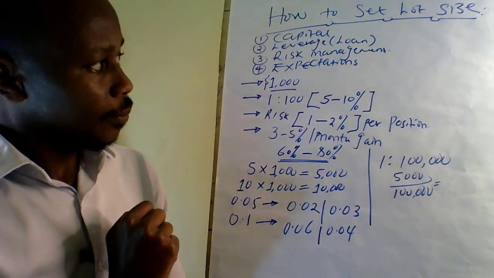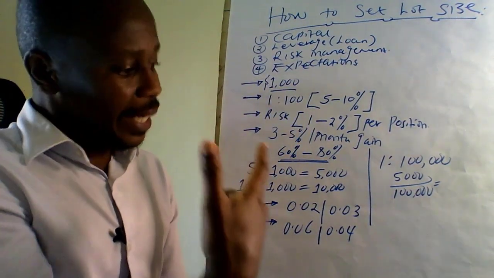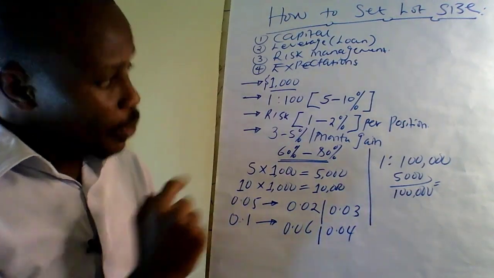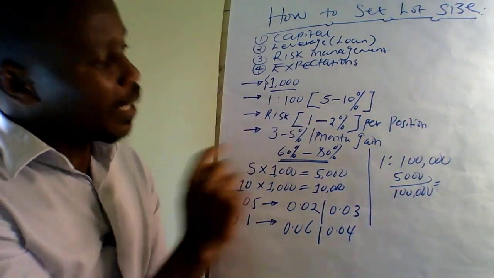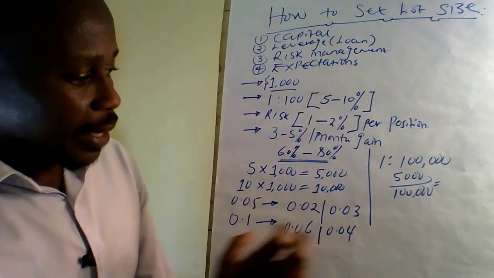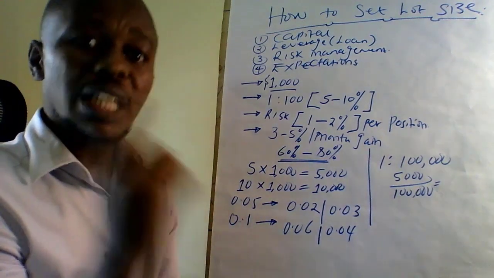So, as you increase this value and develop the skill, all the other factors remain the same. You just get the capital, multiply by the leverage within this range, then it gives you the maximum capital for you to trade, and that gives you the lot size.